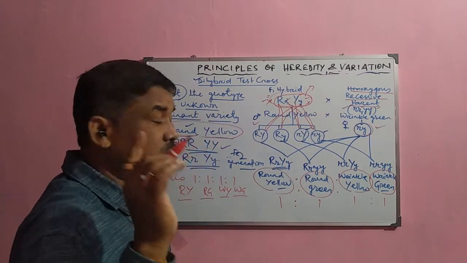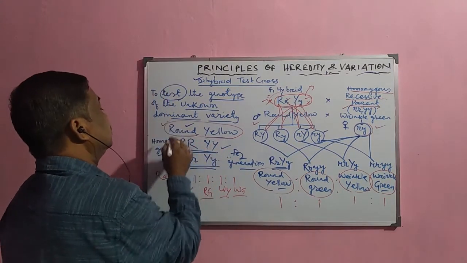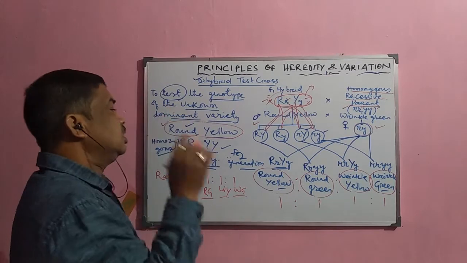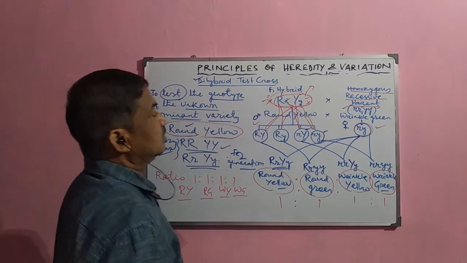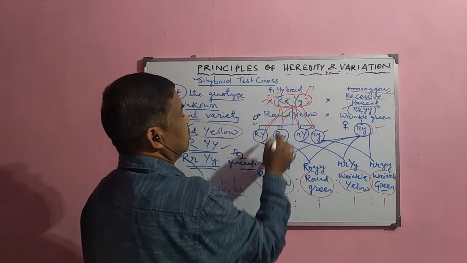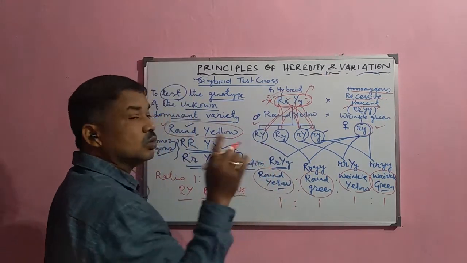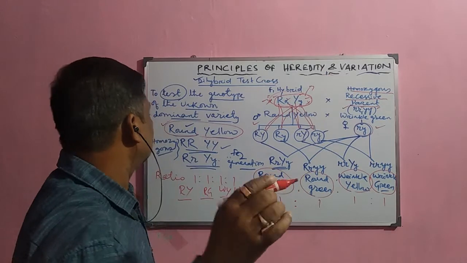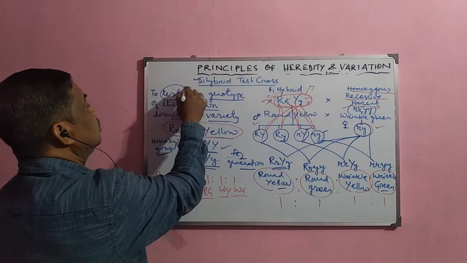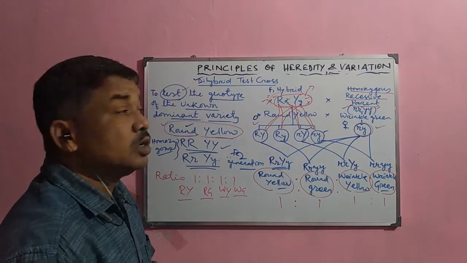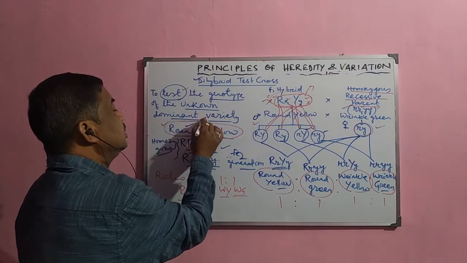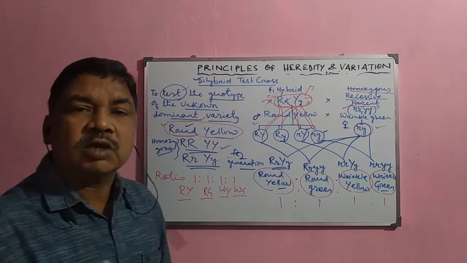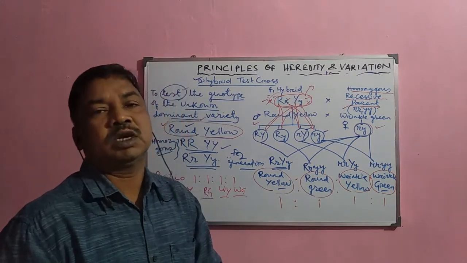We observe that it is a dominant variety plant, but the genotype is either this type or the heterozygous type, and if the ratio is 1:1:1:1 it is heterozygous. So this is the test cross used by Mendel to test whether the dominant variety is homozygous type or heterozygous type.